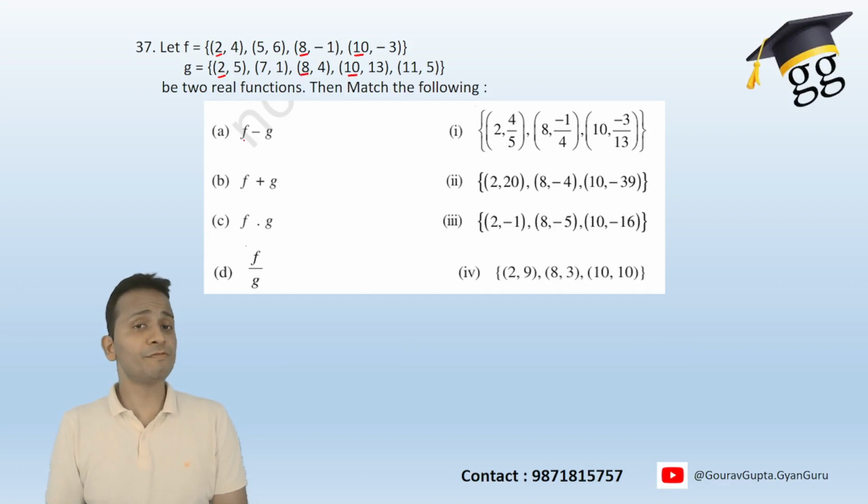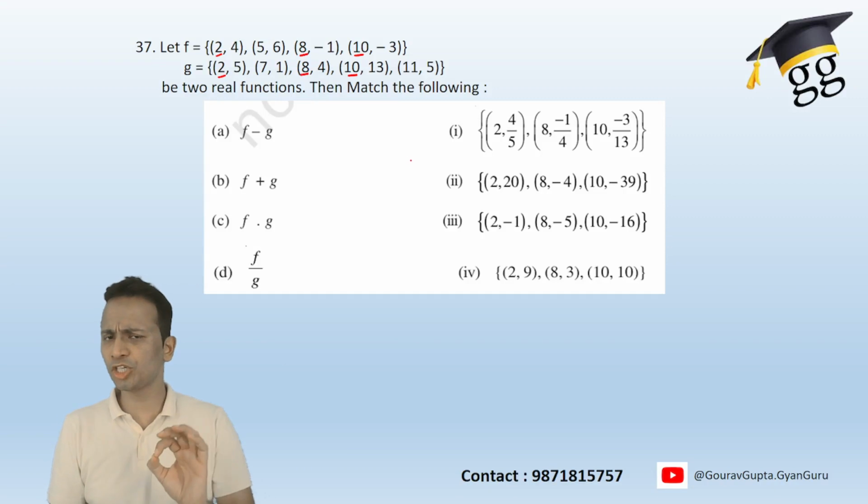Now the first part, f minus g. So at x equal to 2, function f of 2 is 4 and g is 5. So 4 minus 5 is minus 1. So f minus g should be 2 comma minus 1. It should start with 2 comma minus 1. I can see it in the third part.